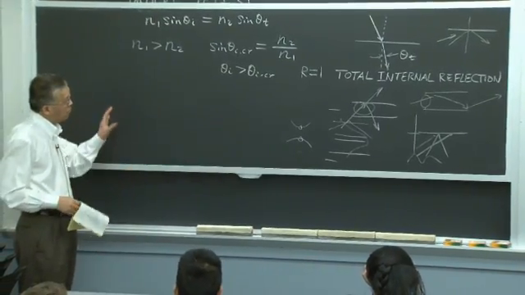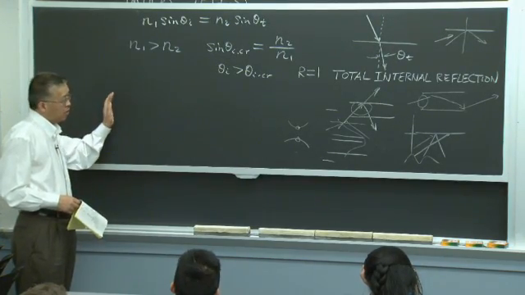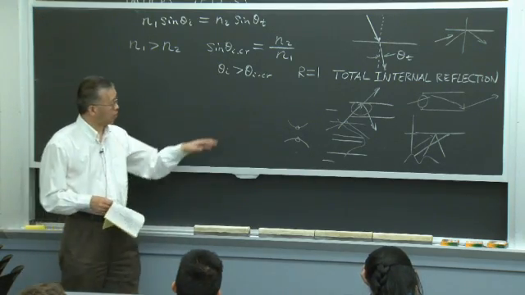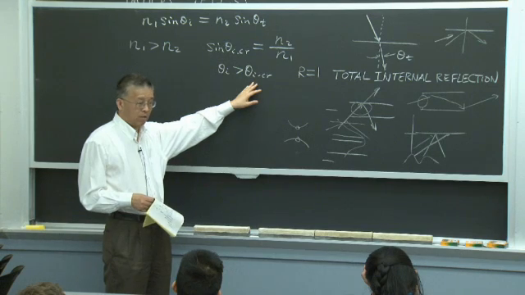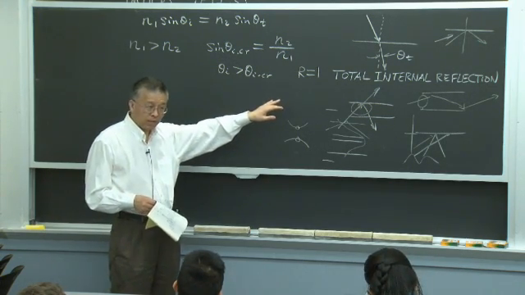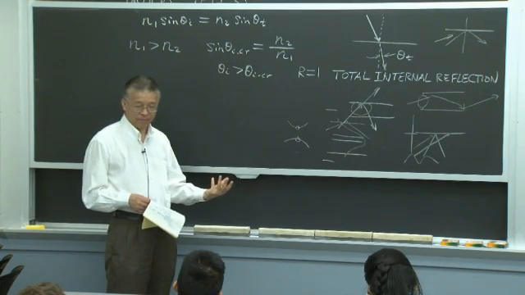But there is even something more interesting. When theta_i is larger than the critical angle, the reflectance is 1, but the T, the transmission coefficient, is not 0.